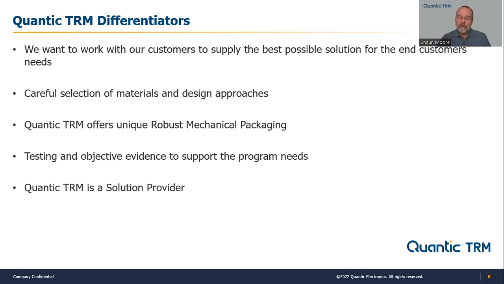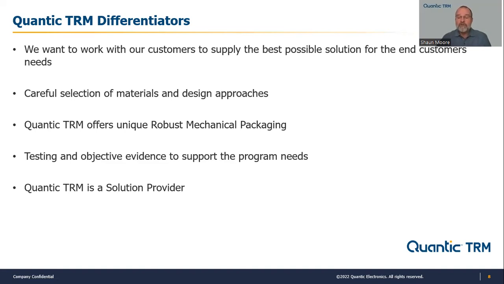But really, what we like to do as part of the custom work is work with our customers. By saying that, we want to make sure that what the customer is asking for is really what the customer needs to support their project. And very often, going through and discussing all of the parameters and trade-offs, we can make sure that the customer gets exactly what they need.